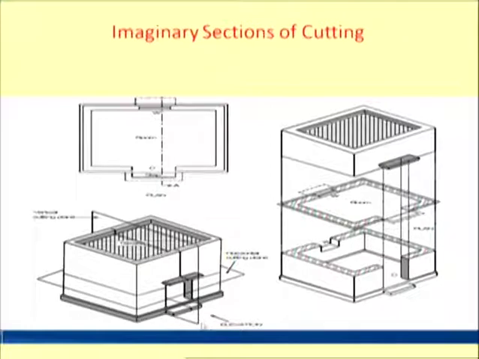So from the ground, how can you enter? They have provided this door here, and since this height is more, steps are provided. How many steps are there? There are 2 steps, one rise here, another rise here, so 2 risers.